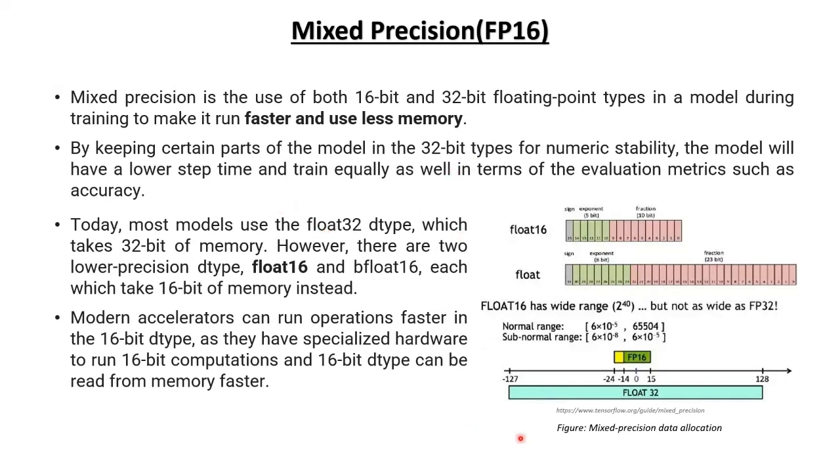And for the 16-bit model, it will just take 16 bits of memory for storing the data. So the 16-bit will obviously be more memory optimized than the 32-bit, but again the 32-bit will give you more accurate results than the float 16. So you have to compromise between the 2 models.